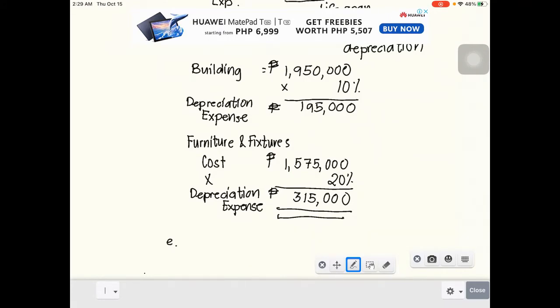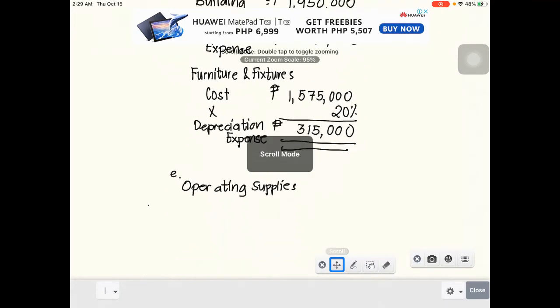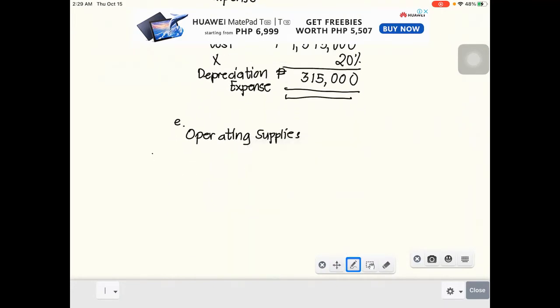So what method was used in the problem? Asset. It's operating supplies. Based on the problem, operating supplies is how much? 58,000.